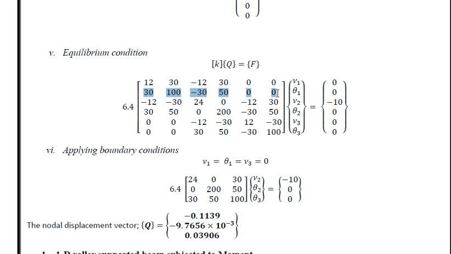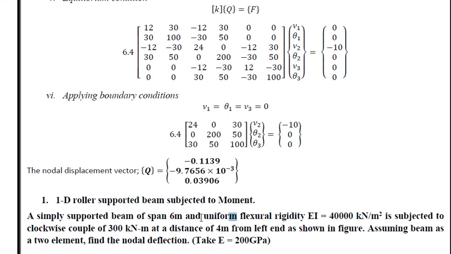At node 3, deflection is arrested, which means the fifth row and fifth column we have to delete. The remaining terms for V2, theta 2 and theta 3 should be written as they are. After solving all the three equations, we will get the answers like this. This is V2, the second one is theta 2 and the third one is theta 3.